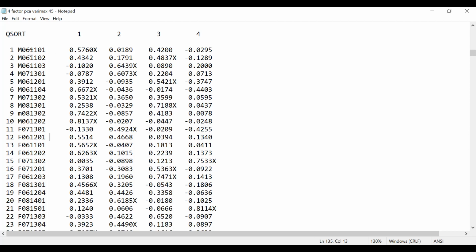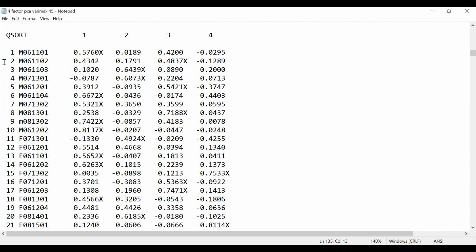So you can see here, this is my code of the individuals that participated, and hopefully you can see this and it's not too tiny, but this is the code of the people who participated, and these are the factors that they loaded onto. So you can see this first person loaded onto factor 1, and second person on factor 3, and the third and fourth person on factor 2.